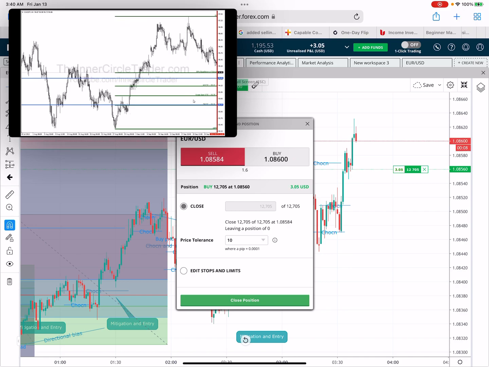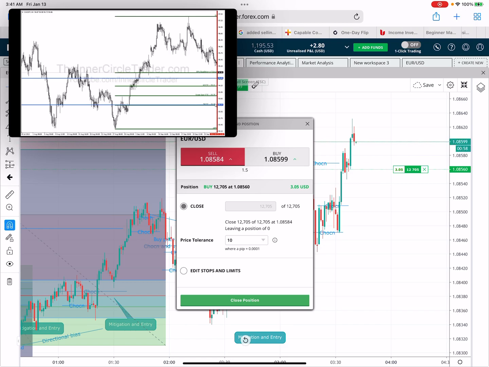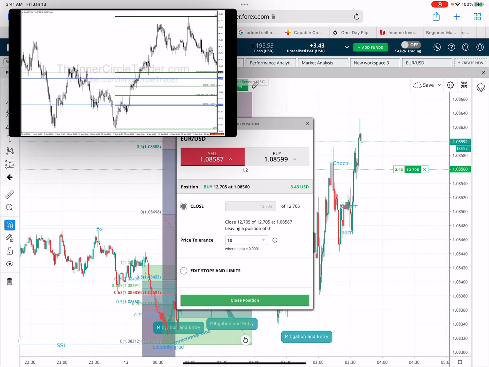Notice we have the 79% retracement level laying right on that same order block. So if the optimal trade entry sees price come trading down into these levels here, that could be a favorable area to be anticipating a bounce as well.